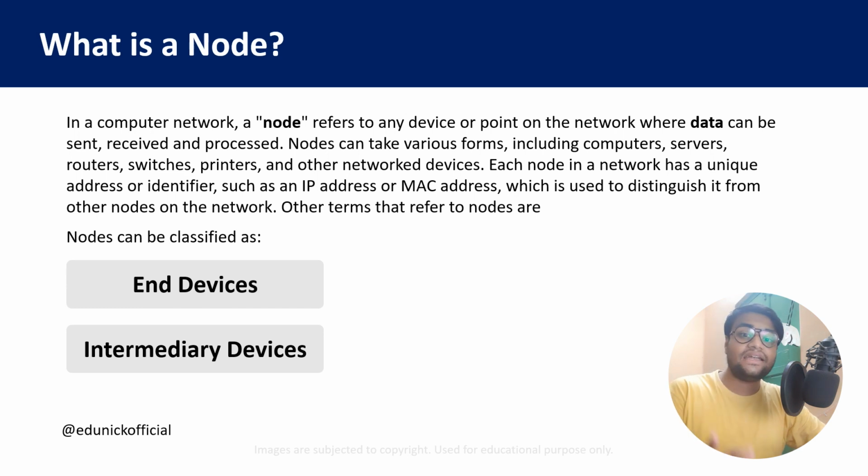Intermediary devices are the network devices, the network components, like a hub, a switch, a router, an access point, a firewall, a gateway. All the network devices are called intermediary devices, and the devices with which we share information, resources and data are called end devices.